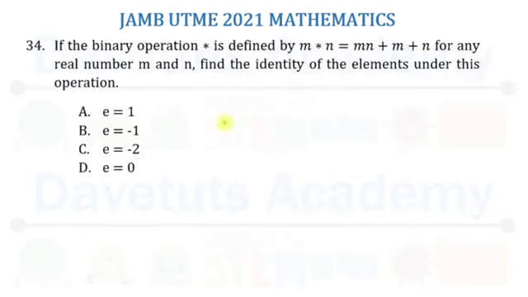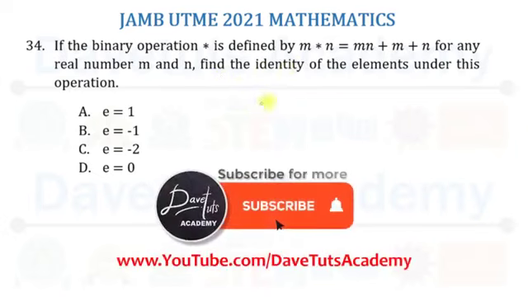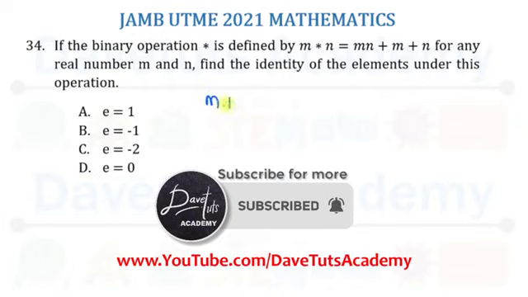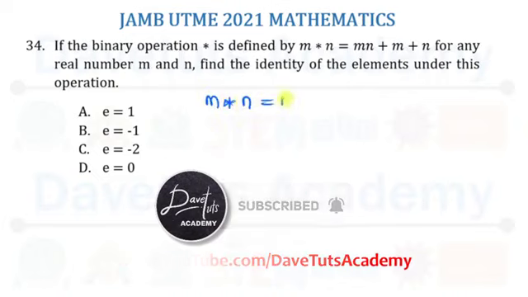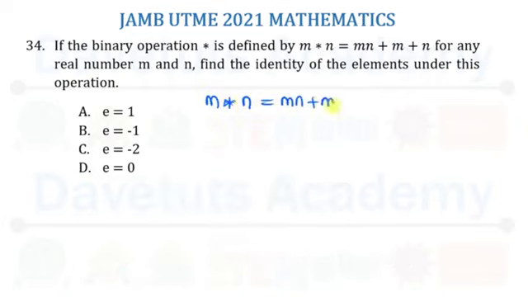In this question on binary operations, we are told that the binary operation asterisk is defined by m asterisk n is mn plus m plus n, for any real numbers m and n. We have to find the identity element under this operation.